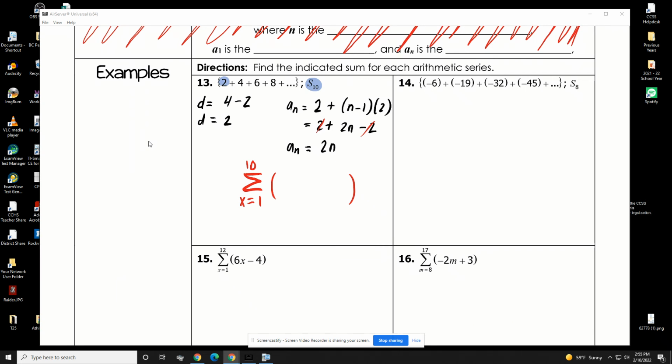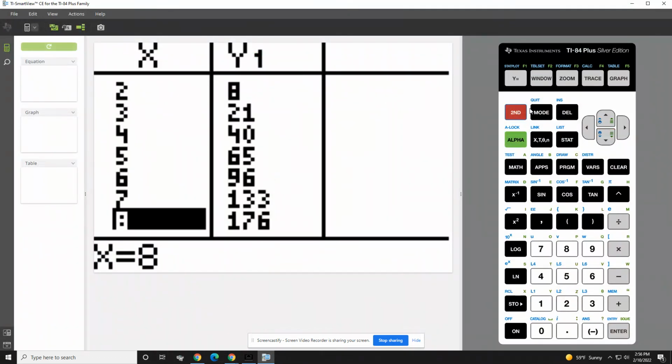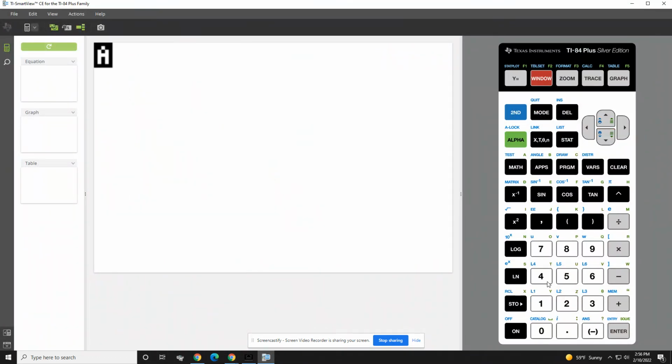So sure enough, all I'm going to do is insert it right here and type it into my calculator. Obviously, I replaced the n with an x, so I could type it in my calculator correctly. I'm going to go to my calculator at this point, and I'm going to do alpha, window, number 2.